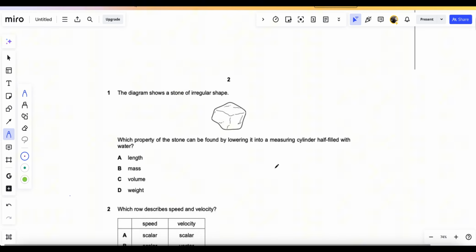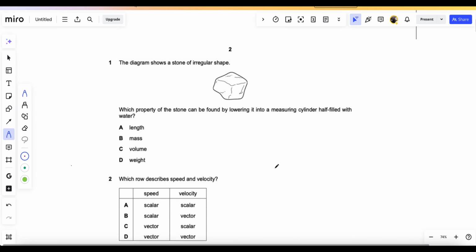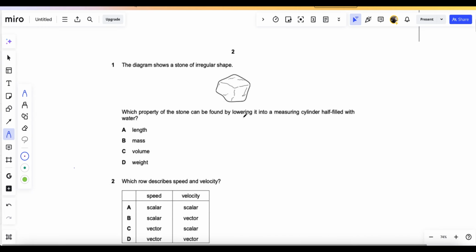Question number 1, the diagram shows a stone of irregular shape. Irregular shape means it doesn't have specific dimensions, so it's almost difficult to calculate the volume, except that you have to put it in a measuring cylinder where you already have some water. Now, which properties of the stone can be found by lowering it into a measuring cylinder half filled with water?